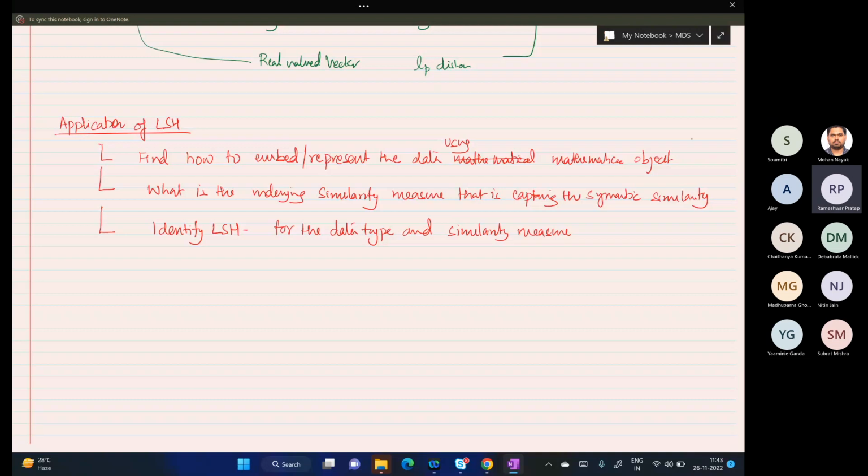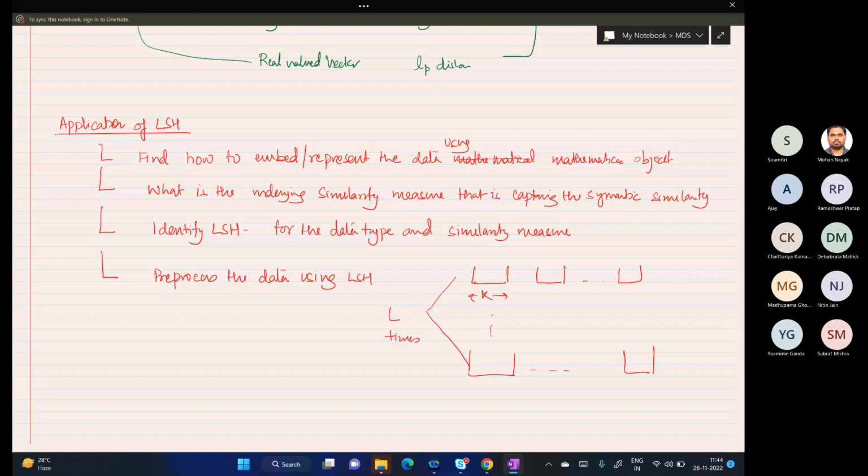And then basically we pre-process the data using this LSH, right? Using this bucketing approach. So this is okay, and we just repeat it 12 times. Right, so we can call this scale bucketing.